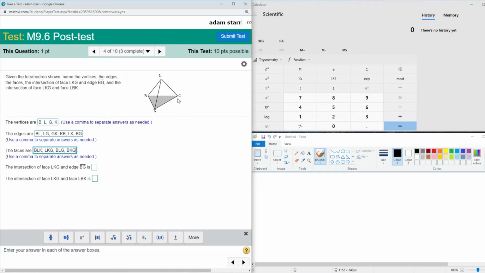They're going to intersect at this vertex here, G. And then I have the face LKG and the face LBK. It's this face and this face, and they intersect at an edge that they share. In this case, it's the edge LK.